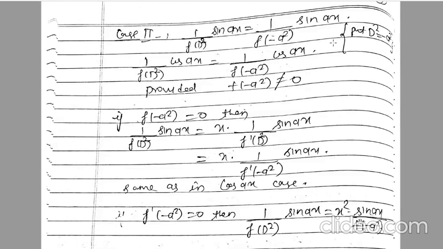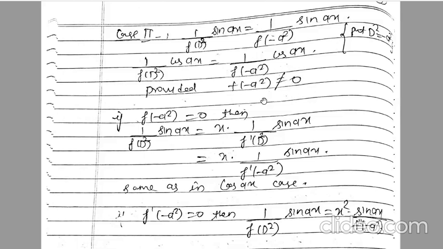No other things. Just write put D square is equal to minus a square, not minus a whole square, minus a square. Right? So for 1 upon f(D square) cos ax, the same rule is applicable, 1 upon f(minus a square) cos ax, provided the condition f(minus a square) does not equal 0.